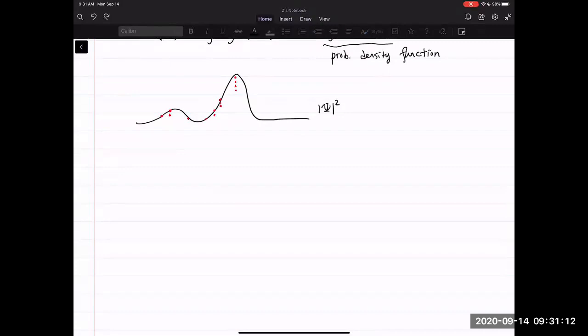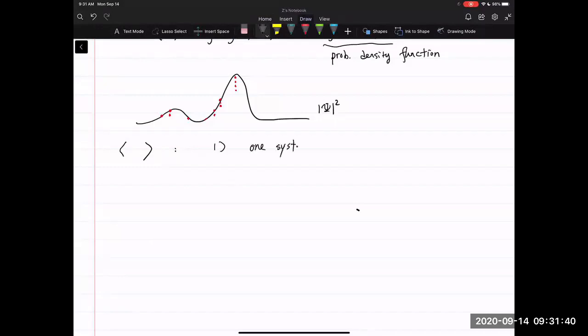So the left-hand side of Born's rule is an average, and this average can have two meanings. It can be one particle you measure multiple times, which, if it's one particle, we cannot normally do. But if we can somehow restore the system back to the same state, you can measure this one-particle system many times.